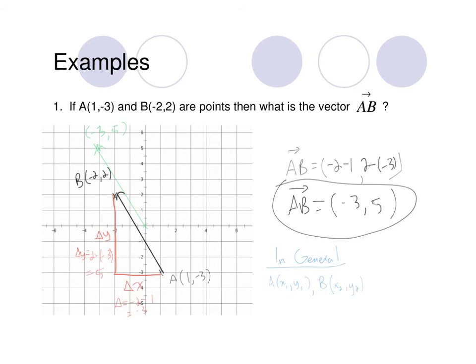The vector AB, and remember direction matters here, is not the same as BA, so it does matter which order we subtract the coordinates in. That's going to be x2 minus x1, y2 minus y1. So in general, that's what it looks like.